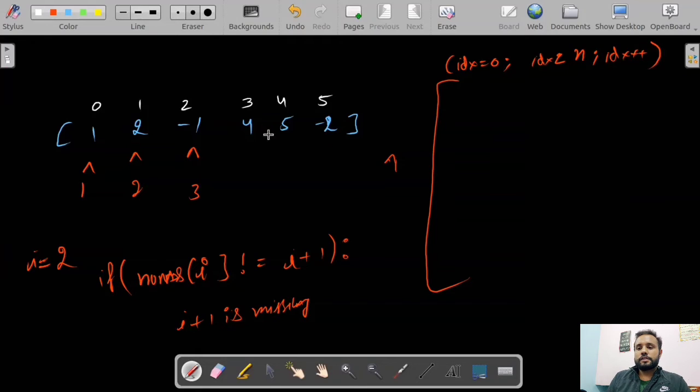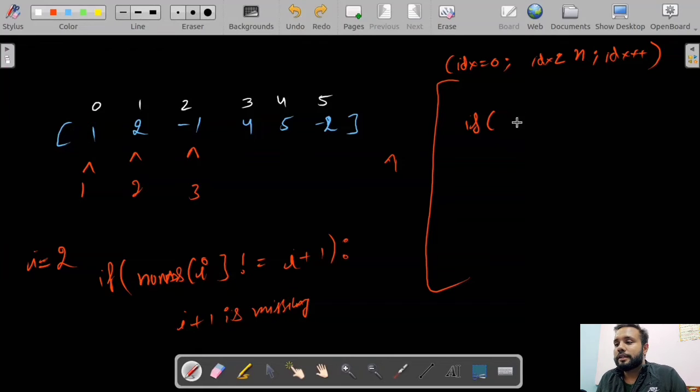Okay, we are traversing through this array, and now first we are going to check if this number is in our range, so we need to fix it.